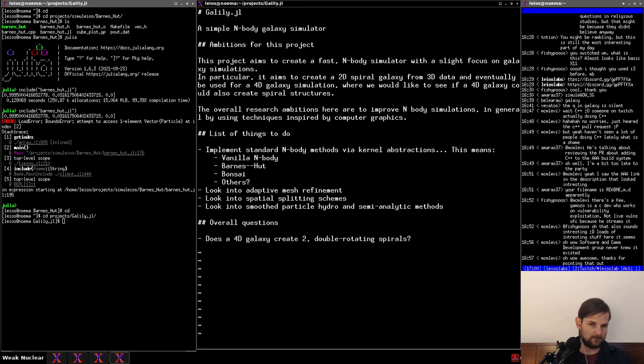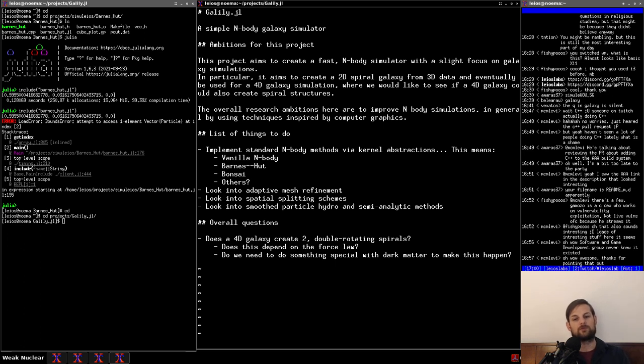And in addition, does this depend on the force law? Kropek says it does, so it probably does, but it's something that we want to look at. Do we need to do something special with dark matter to make this happen?